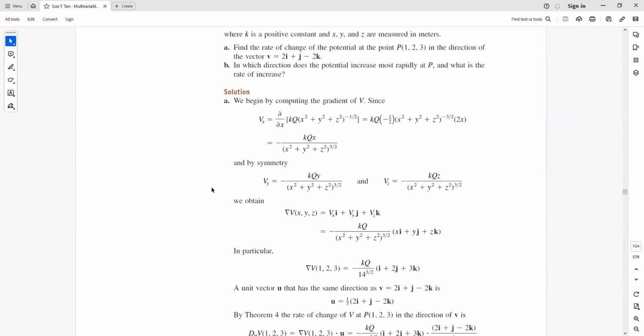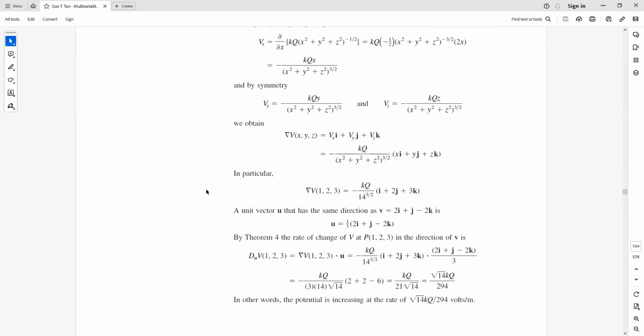So the gradient at the point (1, 2, 3) is given by this vector: negative kq over 14 to the power 3 over 2 times (i plus 2j plus 3k).